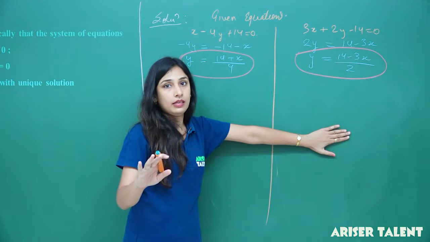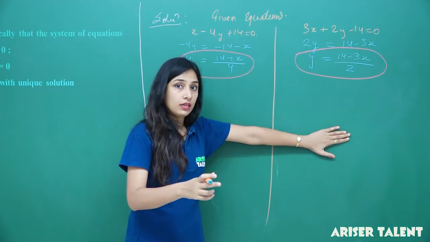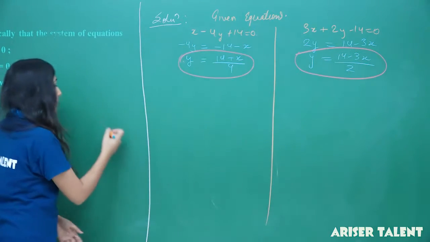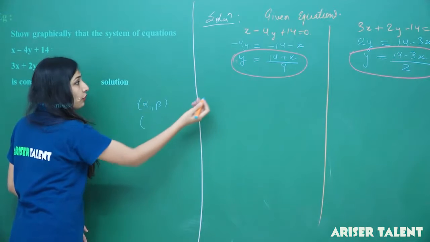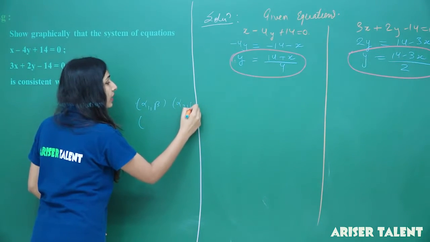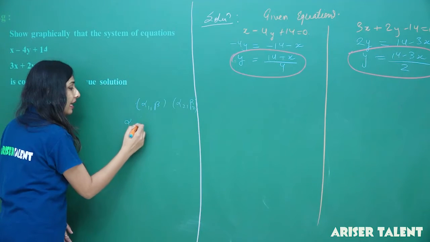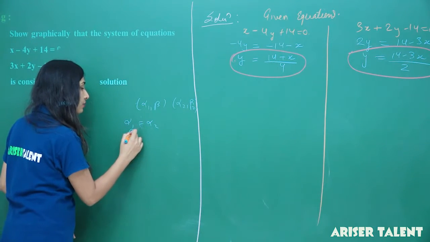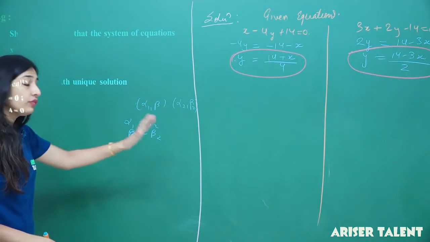That yes, the graph lines are going to intersect. Understand this: if I am having some alpha 1, beta 1 for this side and alpha 2, beta 2 for that side, such that alpha 1 equals alpha 2 and beta 1 equals beta 2, then this is the intersection point of these two lines.